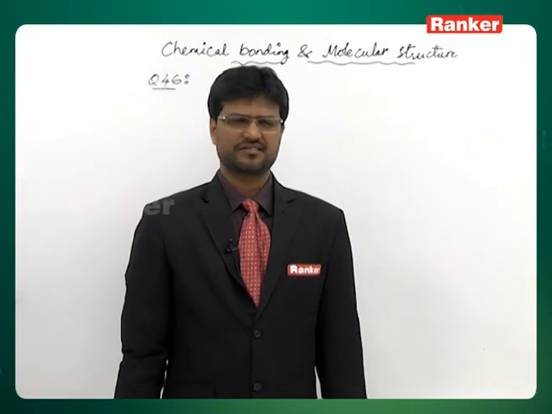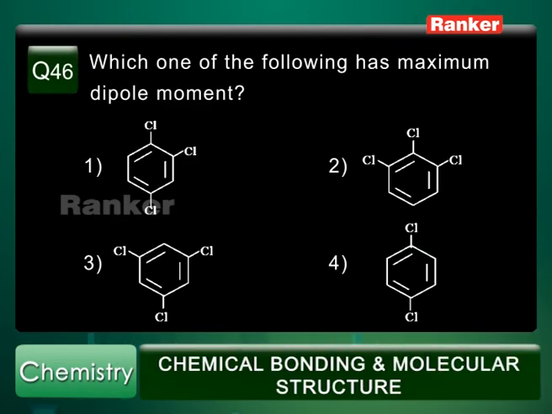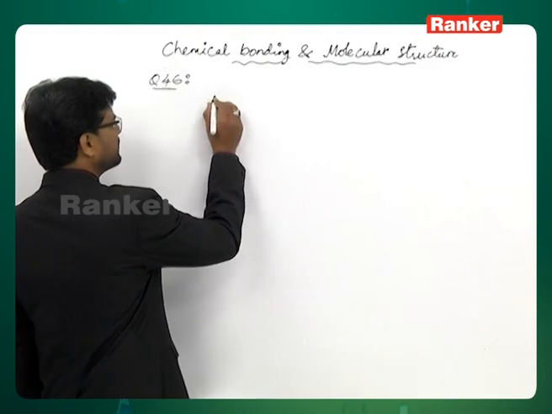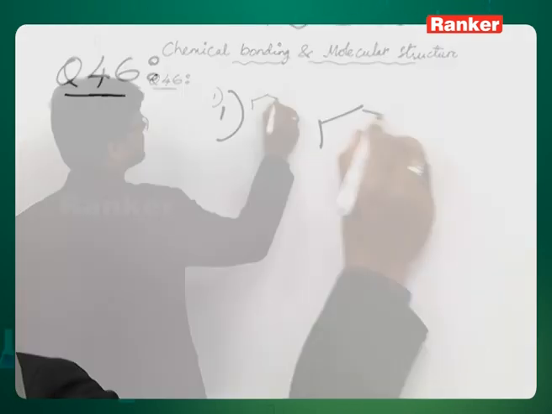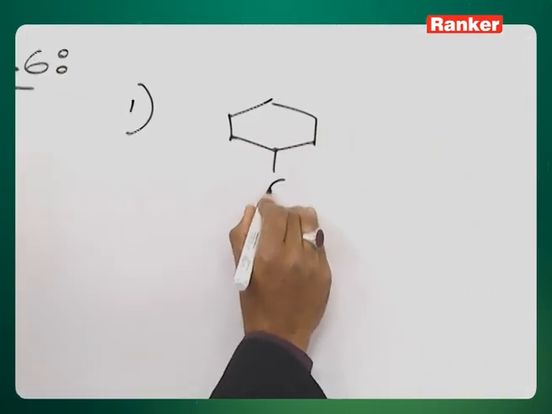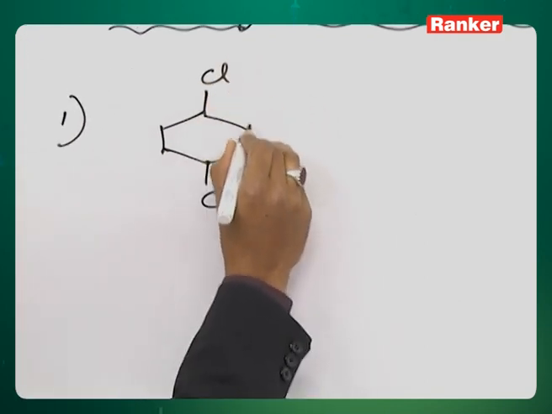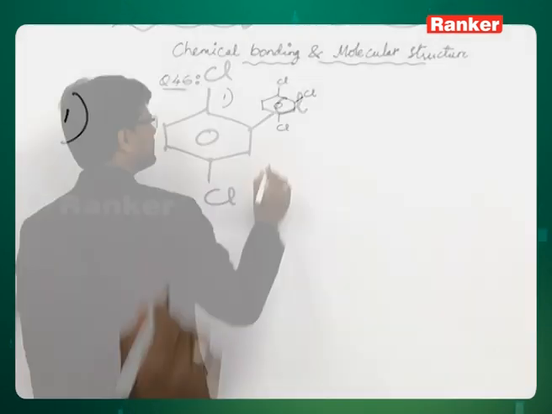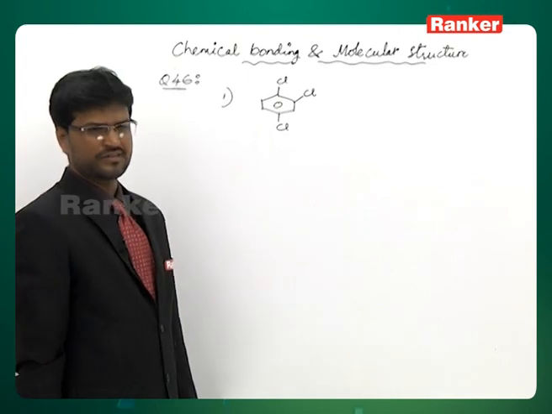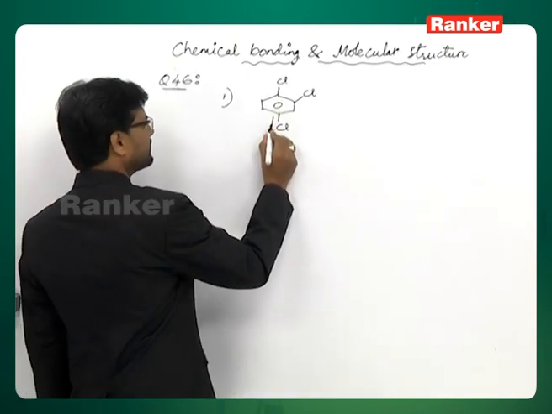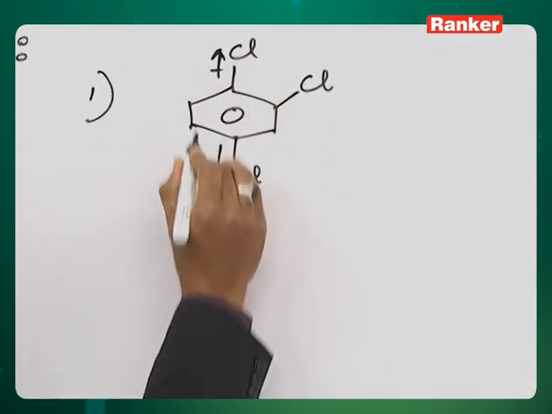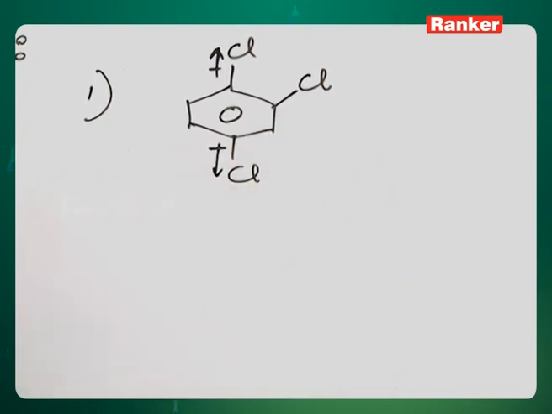Question number 46. Which one of the following has maximum dipole moment? Look at the options. The first option is this, a trichlorobenzene. You can call it as 1,2,4 trichlorobenzene. These two chlorines cancel out each other, and the resultant is due to one of the chlorines, this one.